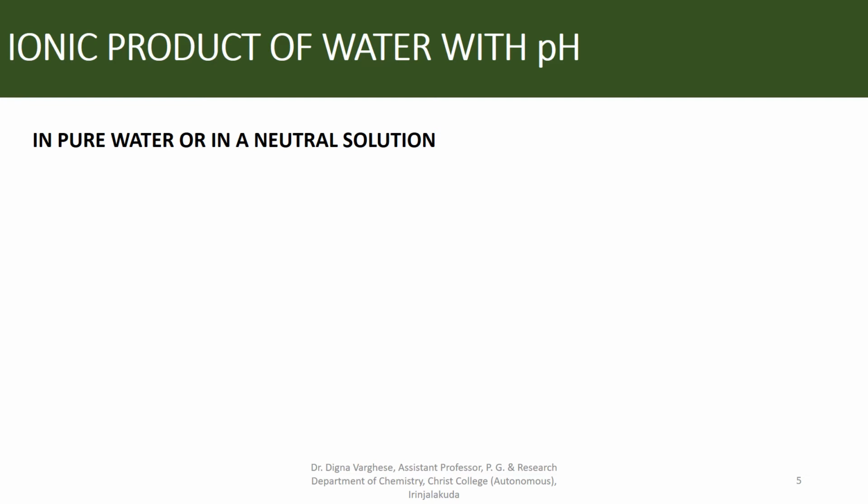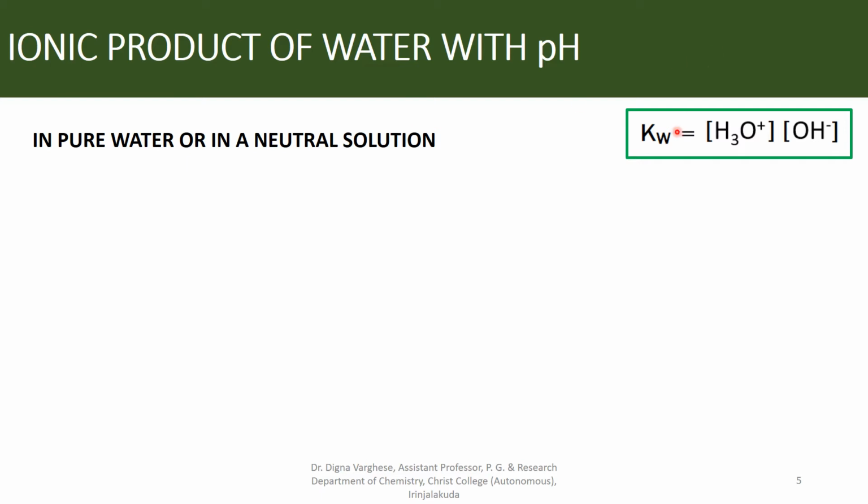Ionic product of water with pH. In pure water or in a neutral solution, Kw = [H3O+][OH-]. We know the ionic product of water value is 1 x 10^-14 mol^2 per liter^2 at 298 Kelvin.